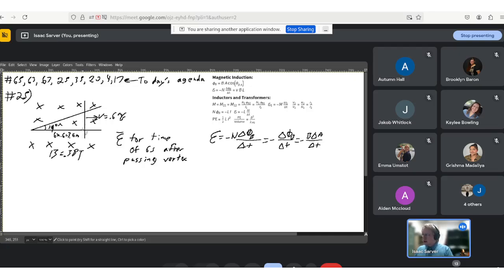Then we can get this other side. Because it's 19 degrees, we can figure out what this is. Opposite over adjacent is equal to tan 19 degrees. We have the adjacent, so to get the opposite, it's 3.6 meters times tan 19 degrees. The area of a triangle is 1/2 base times height.